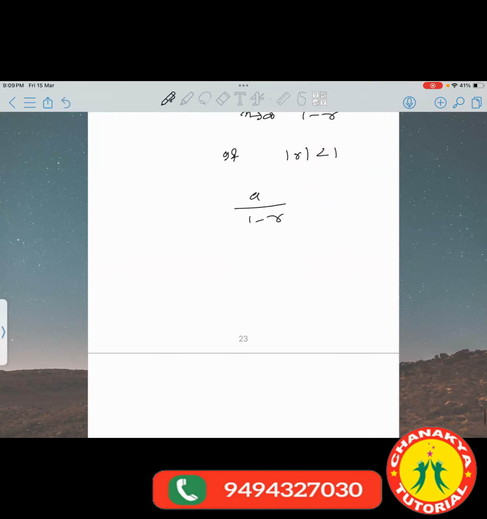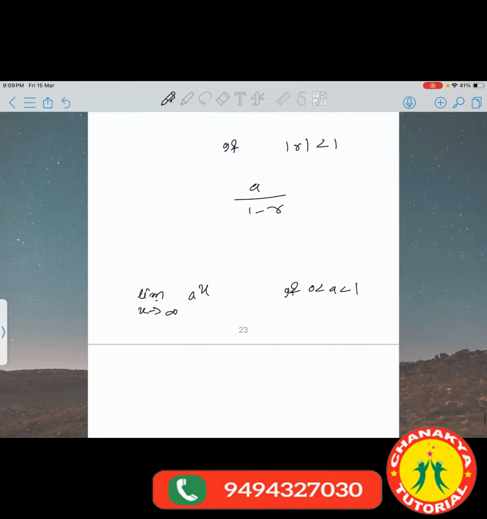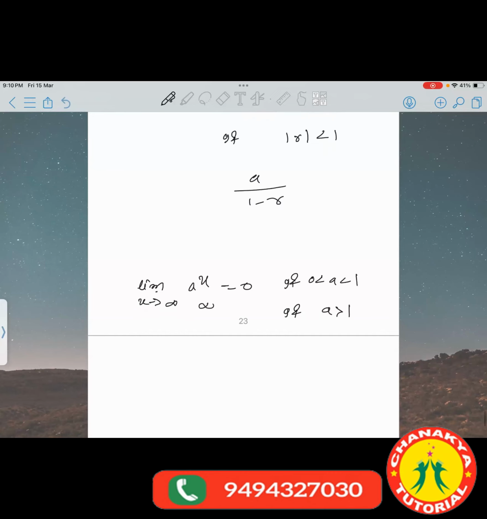Because we know the limit, I will teach the limit: a power x as x tends to infinity, if a lies between 0 and 1 is equal to 0, right? If a is greater than 1, then infinity, right? And if a is equal to 1, then 1, right?